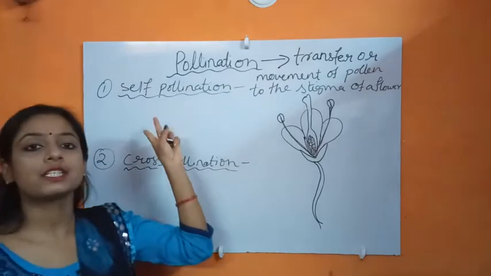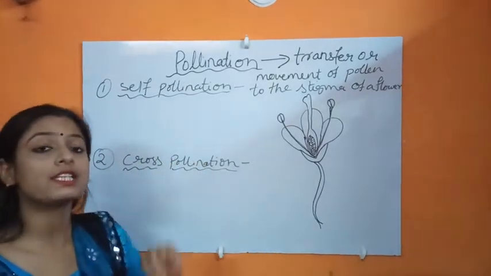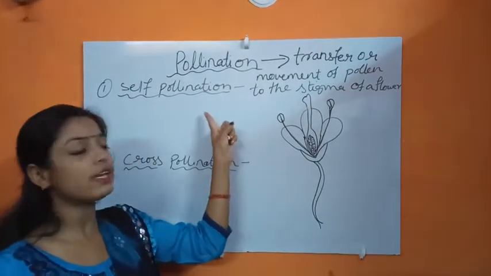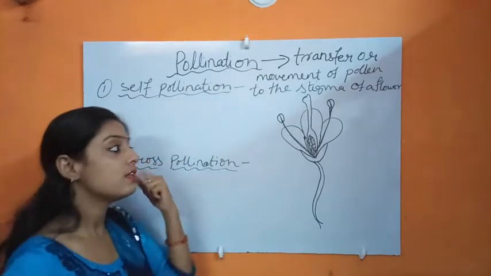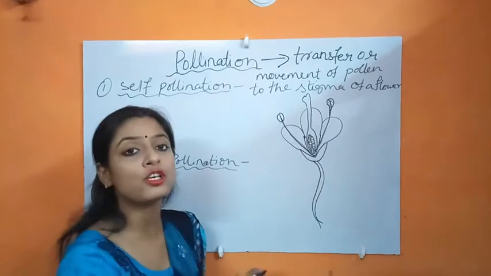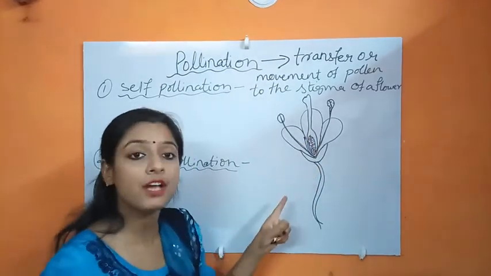And pollination is of two kinds. Number one is self-pollination and number two is cross-pollination. The first one is very simple. In my previous video, I told you pollen grains are formed in the anther of a flower.